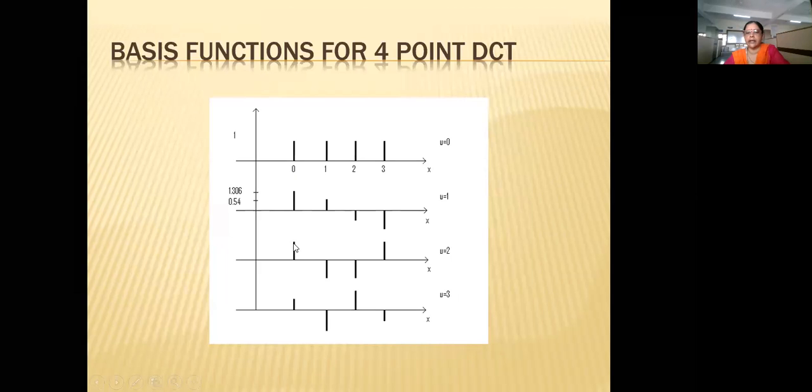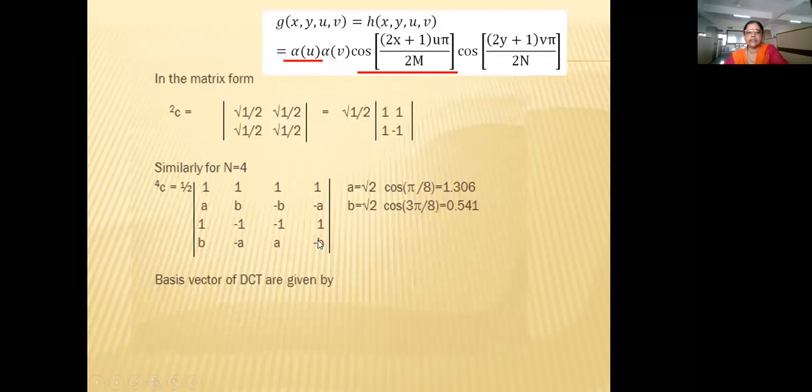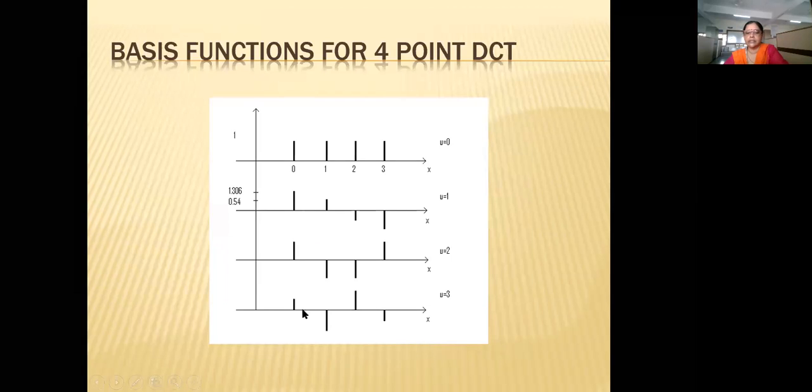So we can plot it as 1, minus 1, minus 1, 1. And the last row is b, minus a, a, minus b. The same thing is shown here: b is 0.54, minus a is minus 1.306, then plus a, that is 1.306, and then minus b, that is minus 0.54.